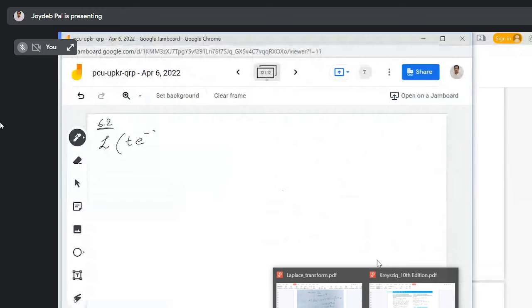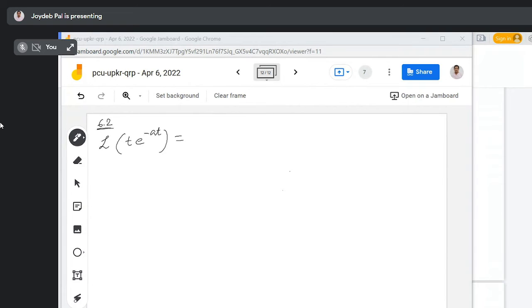Can you tell me by s shifting what it will be? Here f(t) is t, na? So what is the Laplace transform of f(t)? 1 by s square.